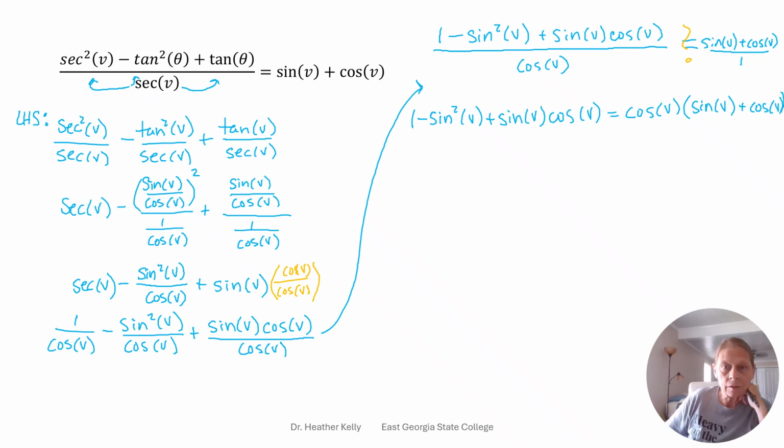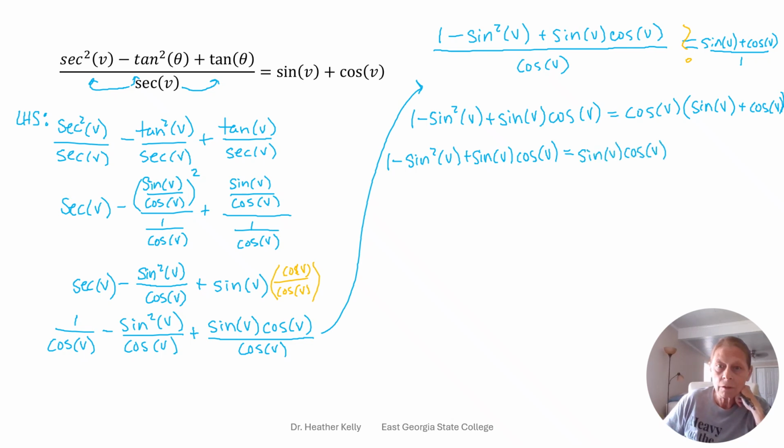All right, let's see what comes out of that. Let me just write this down again. Now let's multiply this through. So this is a sine v cosine v plus a cosine squared v.